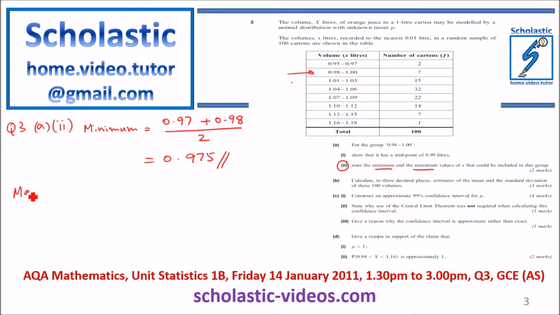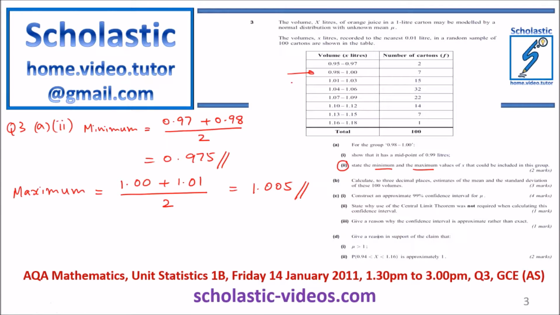Also, we can find the maximum value. We have 1.00 and 1.01, so it will be 1.00 plus 1.01 divided by 2, which will be equal to 1.005. That is the maximum value.